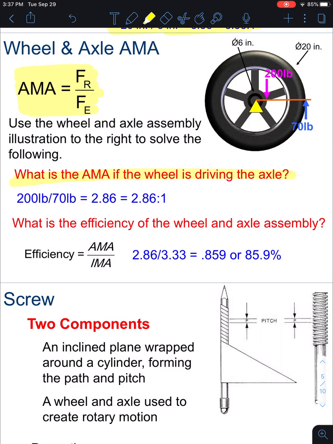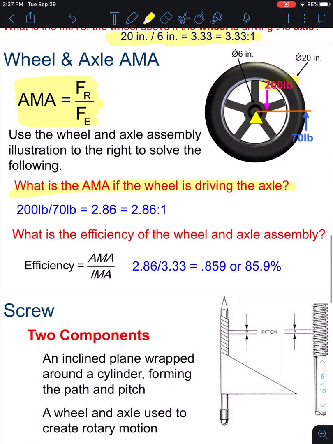Your force of resistance is coming from the axle. That is this number right here, 200. It's kind of hard to see. I'm trying to highlight it. And your force of effort is right here, 70. So we have 200 divided by 70, which gives you 2.86.